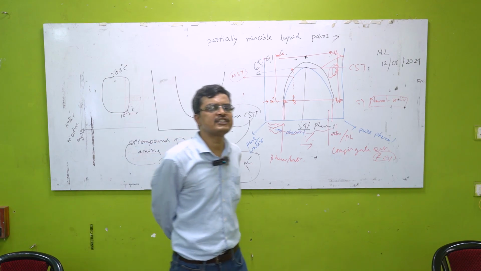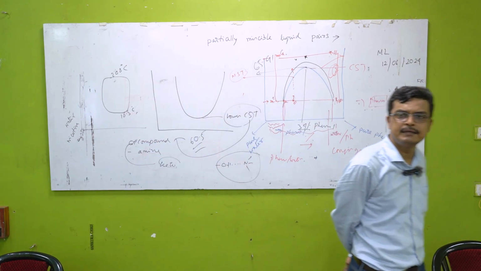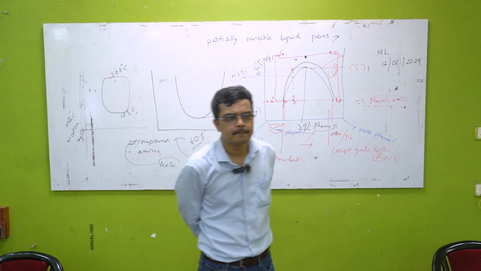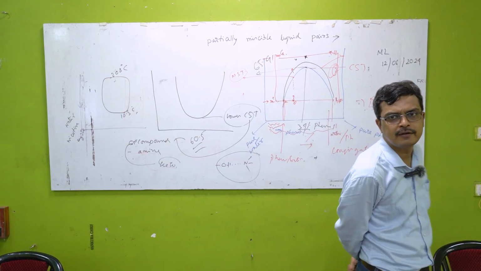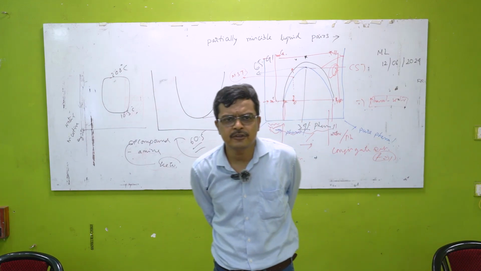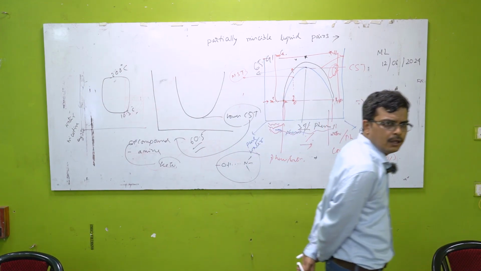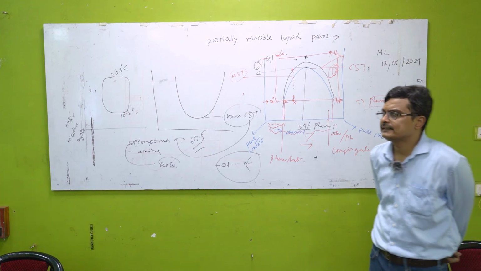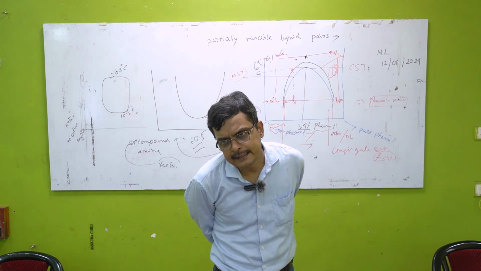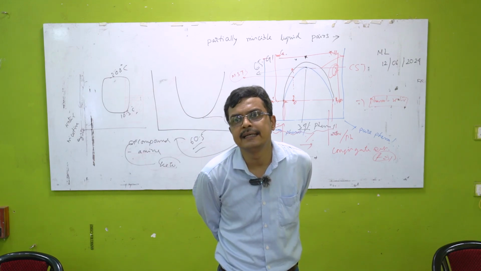What is the effect of pressure on CST? Very important thing, very interesting also. What happens if you apply pressure? Mutual solubility increases, and when the mutual solubility increases, upper CST will decrease and lower CST will increase.